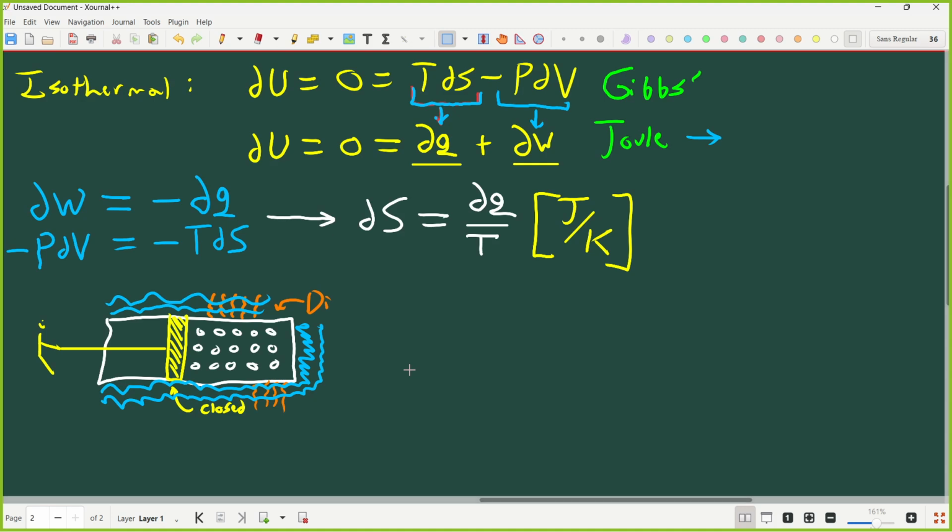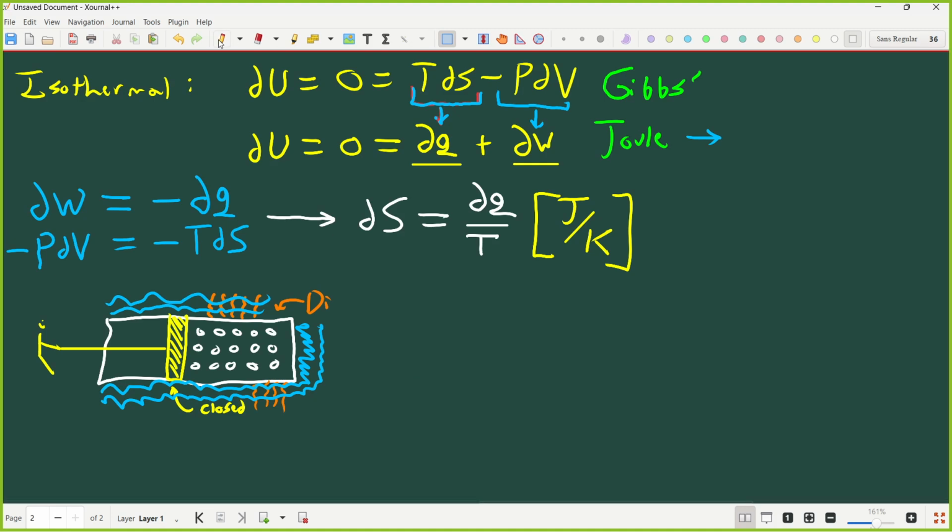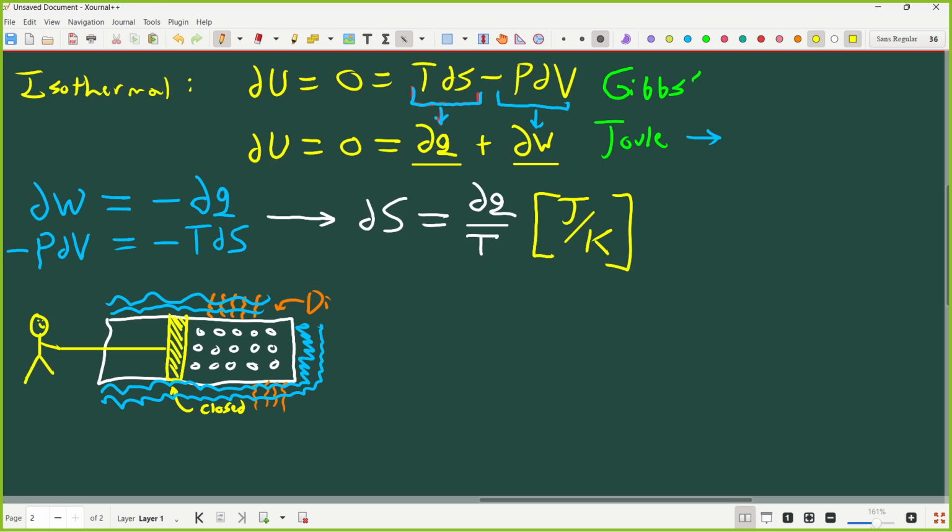So here's our piston. Let's now imagine that our broken homie here, I need to fix his head, is going to push this. He's going to apply some work to the system by compressing the piston.